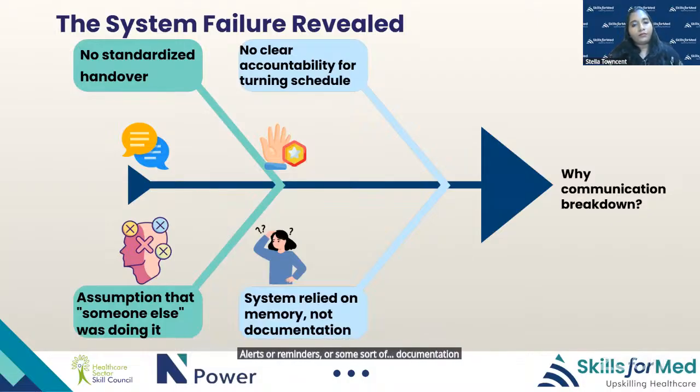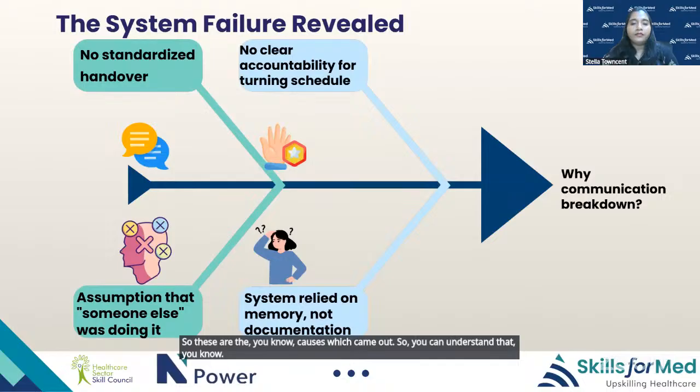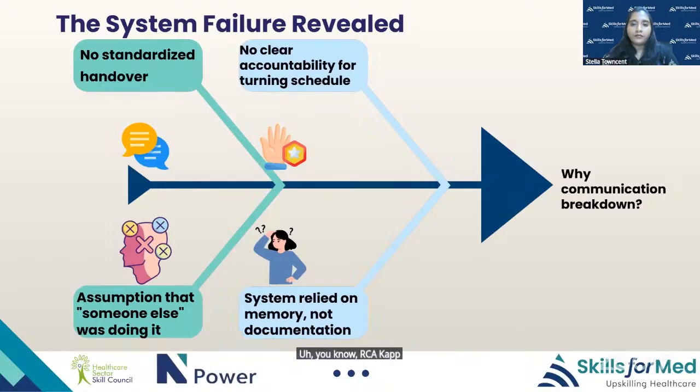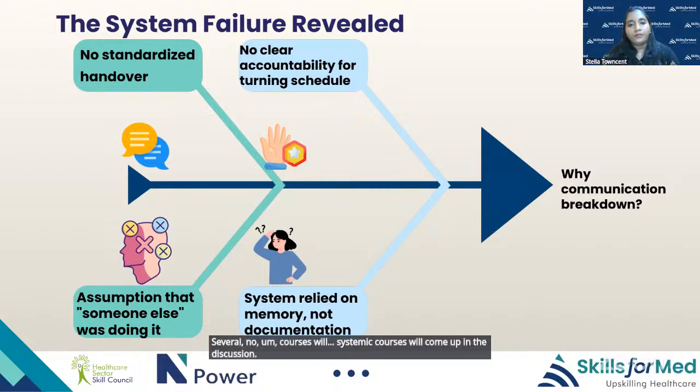So when they went into the root cause analysis of why the communication breakdown happened, these are the causes which came out. So you can understand that though we talk about RCA, if you really sit and do a brainstorming, several systemic causes will come up in the discussion. Next slide.